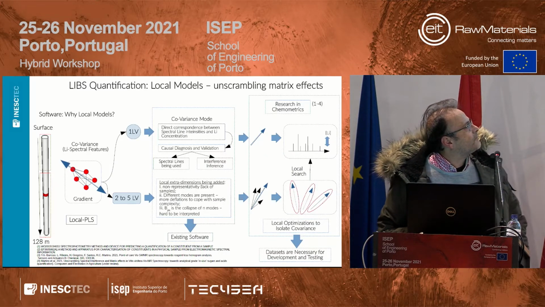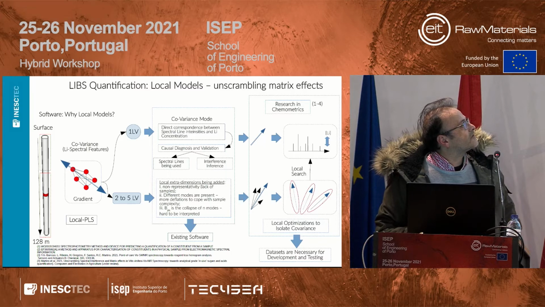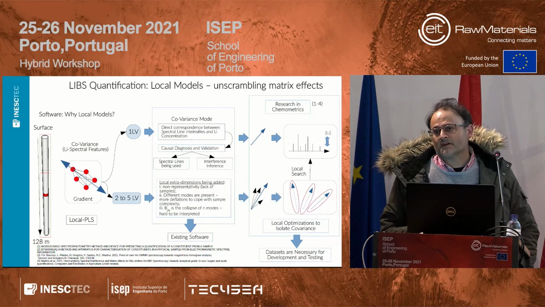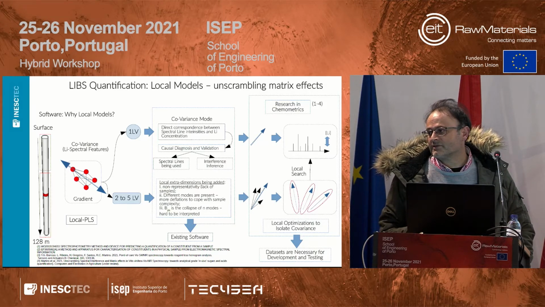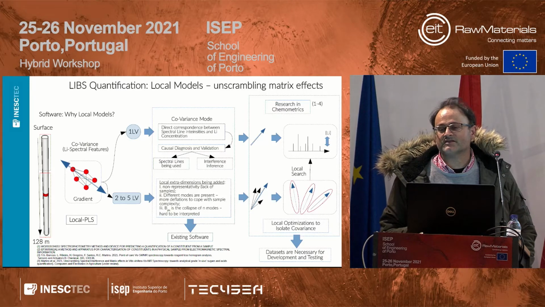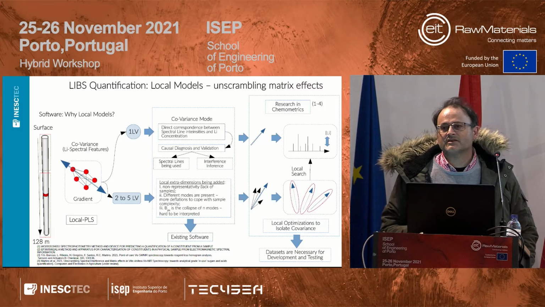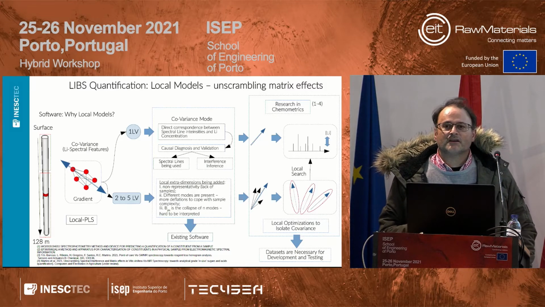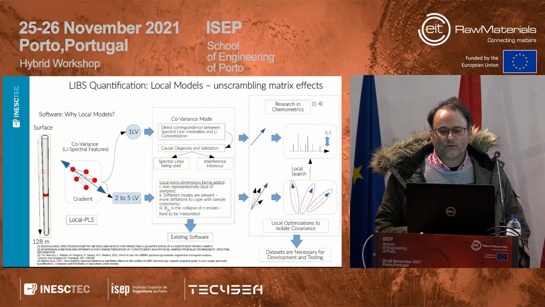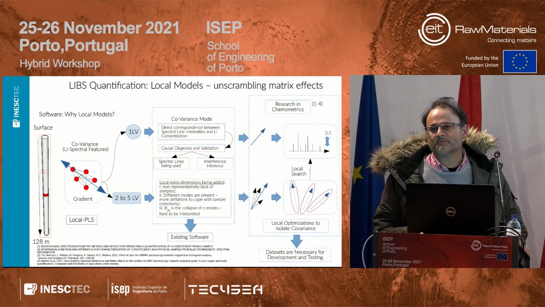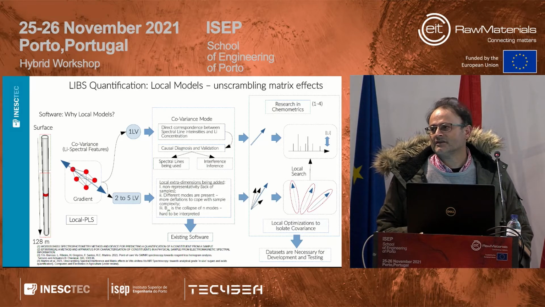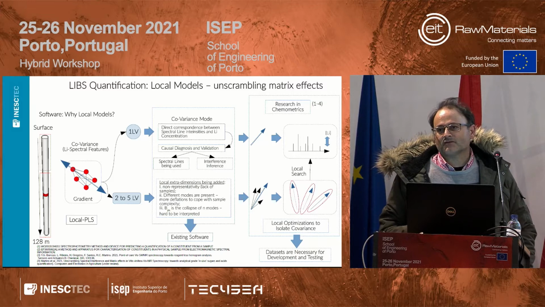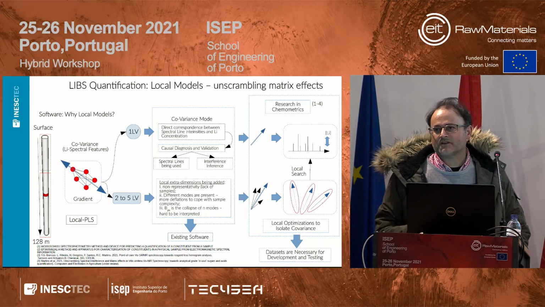So with one latent variable, as I was talking about, there is a direct correspondence with the spectral lines. Not only do we have a statistical validation, but we have a causal validation, and this is crucial for quantitative LIBS. Because, for instance, if you are quantifying an element, but the lines of that element are not there, you have to inspect why you are really quantifying it.